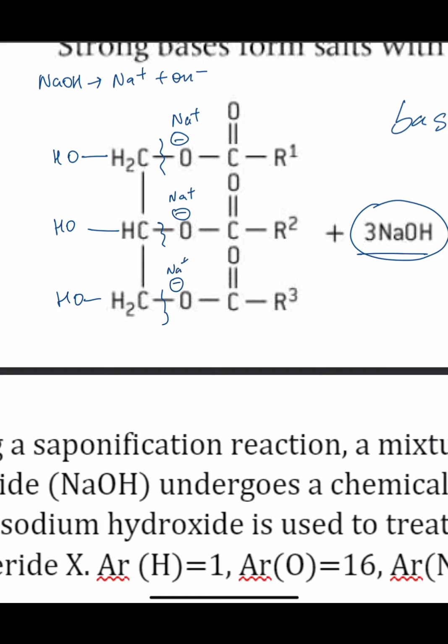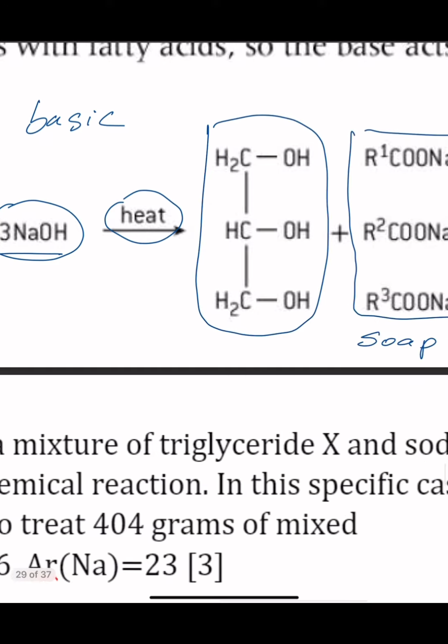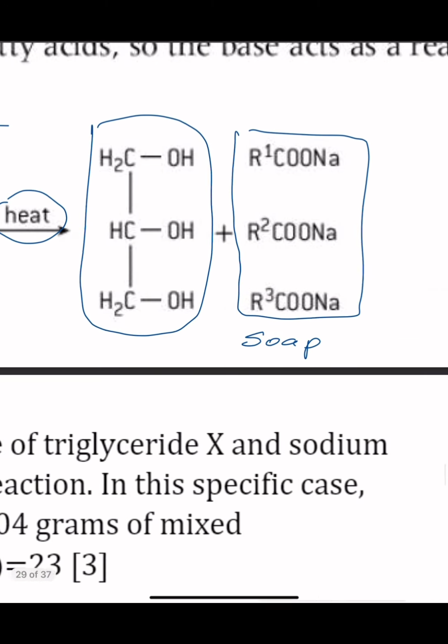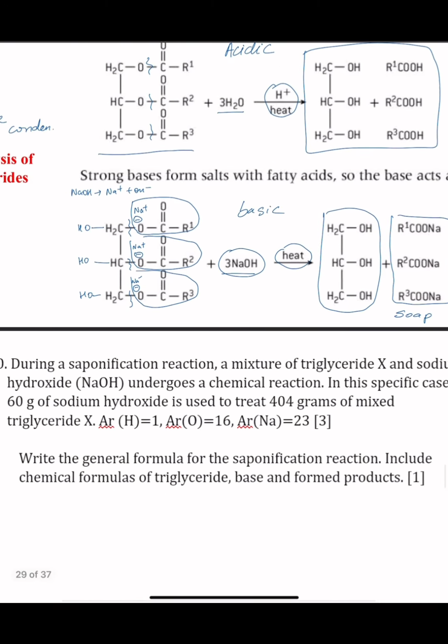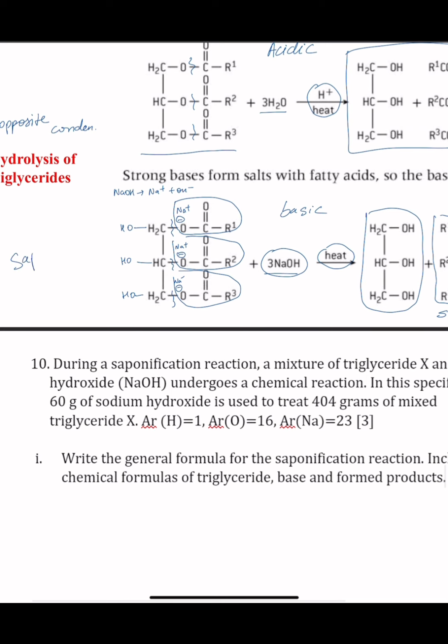So you see, now we got the product back to us again. So this is the hydrolysis, we got the glycerol and the soap. This is the saponification reaction, okay, saponification reaction.